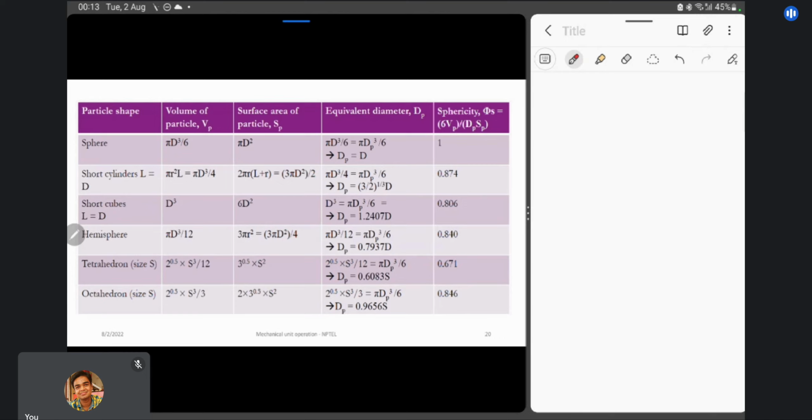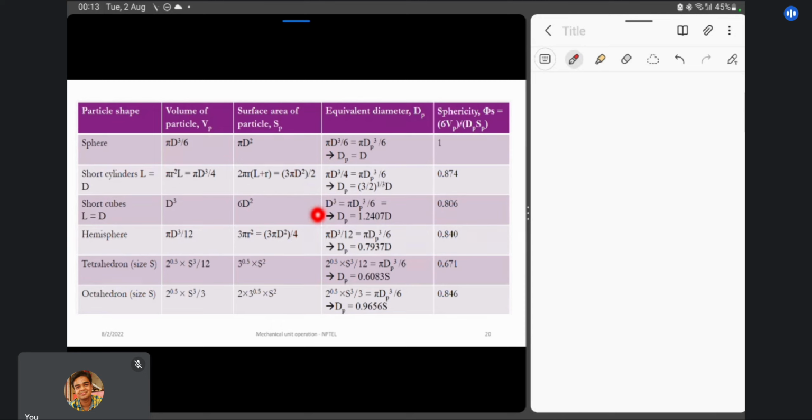If we consider short cubes, then L equal to d, and the surface area of the particle Sp will be 6d square. Same as before, we need to first find the volume of the particle, then the surface area of the particle, and at the end we need to equate them with the sphere equivalent diameter.